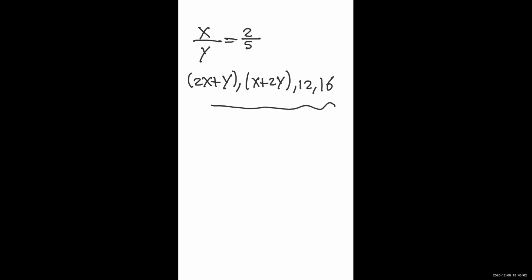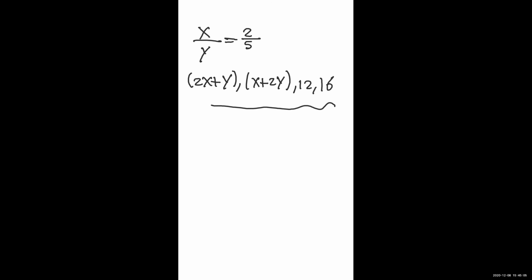If x over y equals 2 over 5, then prove that 2x plus y, x plus 2y, 12 and 16 are proportional.